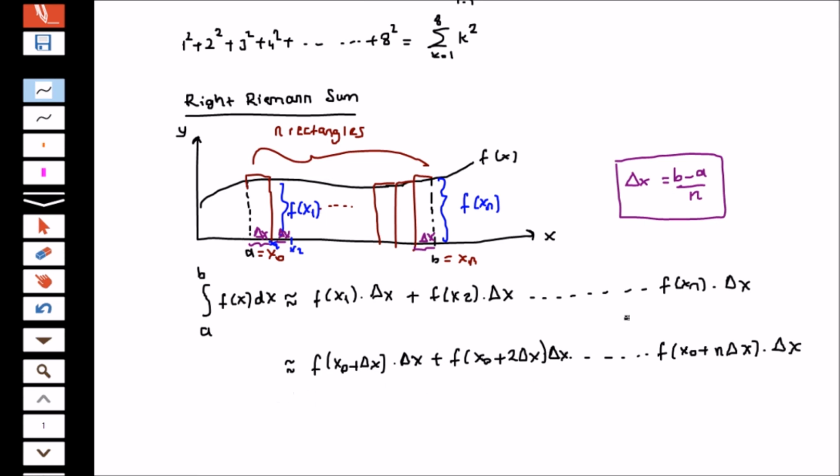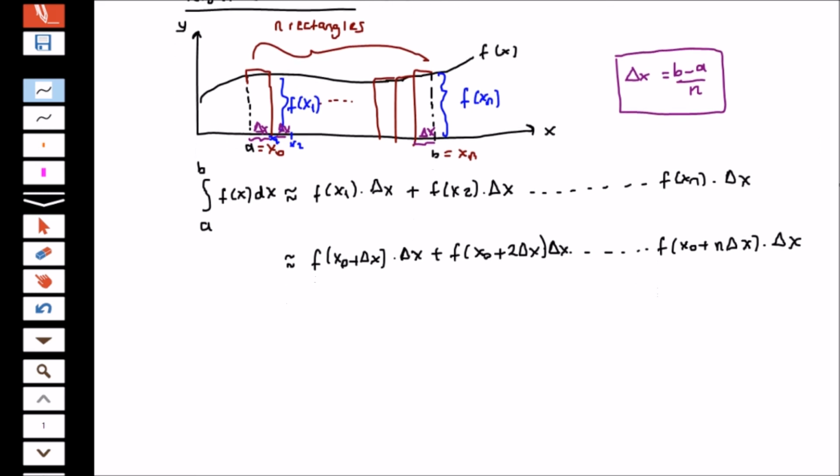Okay. Then I would like to write a generalization for the right hand side. Every time I add delta x times f of x something. To generalize, I will use sigma notation because this is a summation. So I will use sigma notation. And my index will be i, and the first number will be 1.